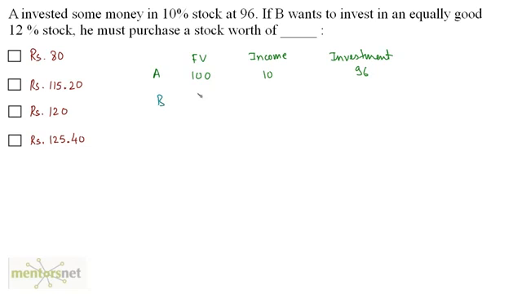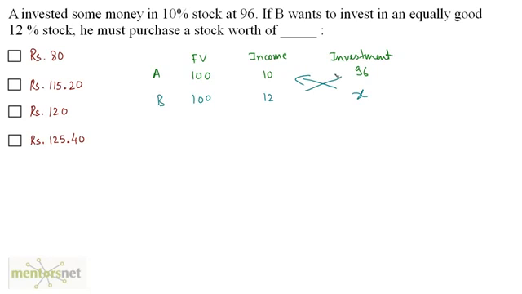Now in case of B, the face value, if we consider it as 100 to match that of A, the income is 12, right? Now if this 12% stock must be equally good as the 10% stock, what should be the investment? So this becomes directly proportional. So I can say that the 12% stock is as good as the 10% stock if we calculate an appropriate value of x.